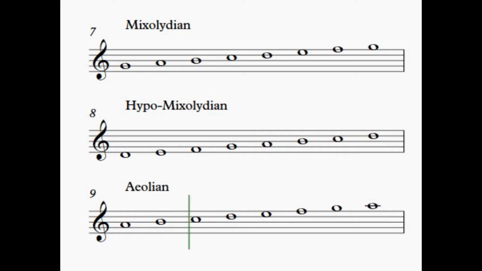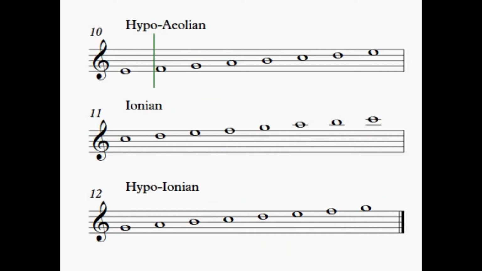In the Hypodorian, A, B, C, D, E, F, G, A, and you would not lean too much into the F. The Phrygian would be E, F, G, A, B, C, D, E, and the Hypophrygian B, C, D, E, F, G, A, B. Again, the fifth of the authentic we're not going to lean on, and the sixth of the hypo scale we're also not going to. This will be true for all of them.